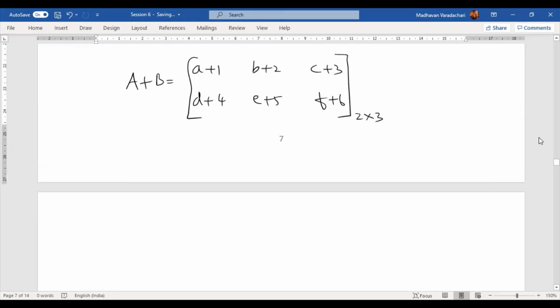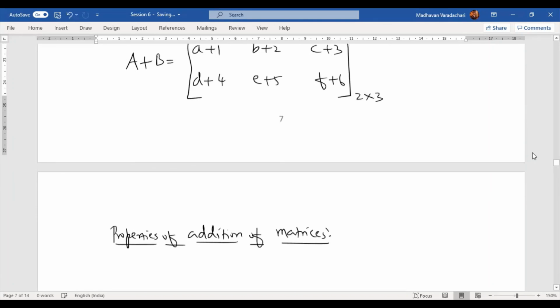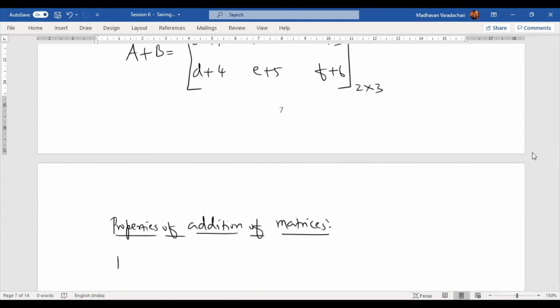Next, properties of addition of matrices. First one, A plus B. Whenever I'm writing capital letters, it indicates a matrix.